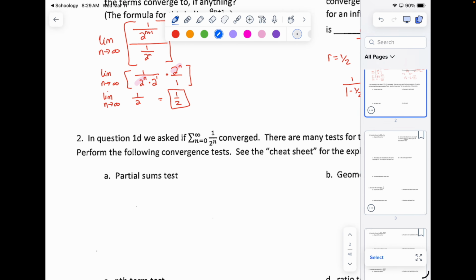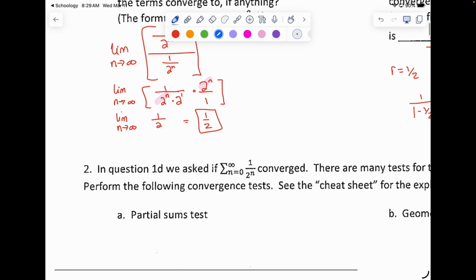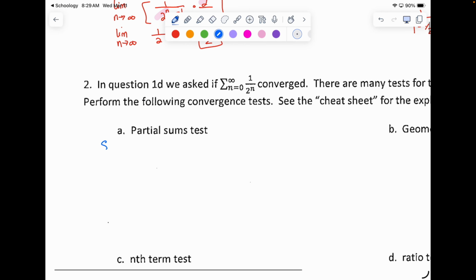Okay, so first one we're going to do is partial sums. The way partial sums works is you look at all the different partial sums. So the sum of the first term, the sum of the first 2 terms, the sum of the first 3 terms, the sum of the first 4 terms, and you see if there is a pattern so that those sums are approaching a single value.